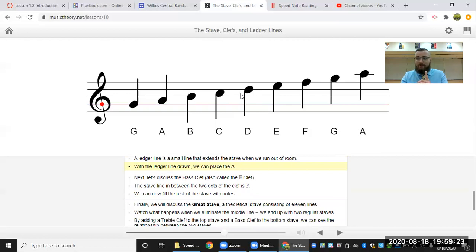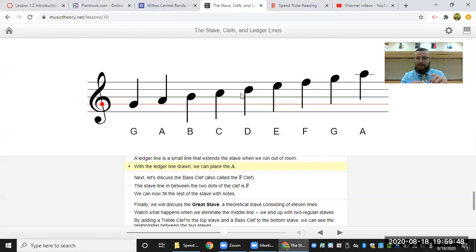You're going to write down this phrase: every good boy does fine. All right, do that. Write that down on there. So every good boy does fine. Okay? And then after that, in parentheses, you can put on the line.